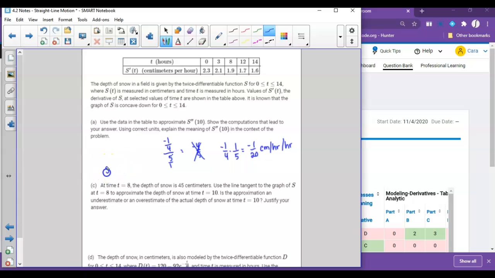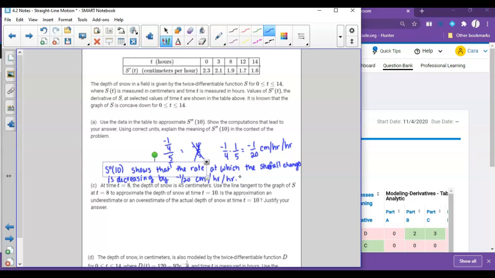So you would say S double prime of 10 shows that the rate at which the snowfall changes is decreasing by 1/20 centimeters per hour per hour.